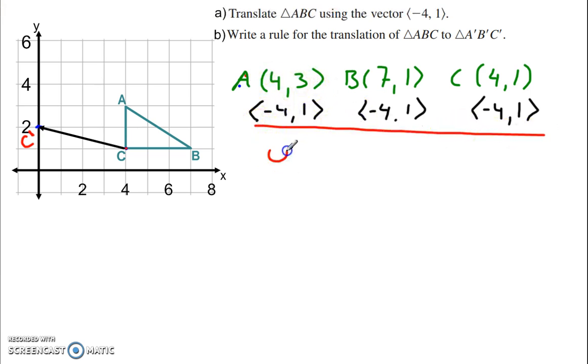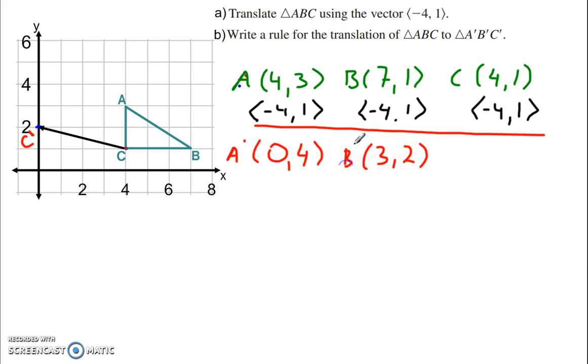4 minus 4 gives me 0 for A prime, and 3 plus 1 is 4. So if it's negative, just do whatever the sign is, minus, or if it's positive, plus. So we're basically just adding the vector. 7 minus 4, so that would be 3. And 1 plus 1 would be 2.